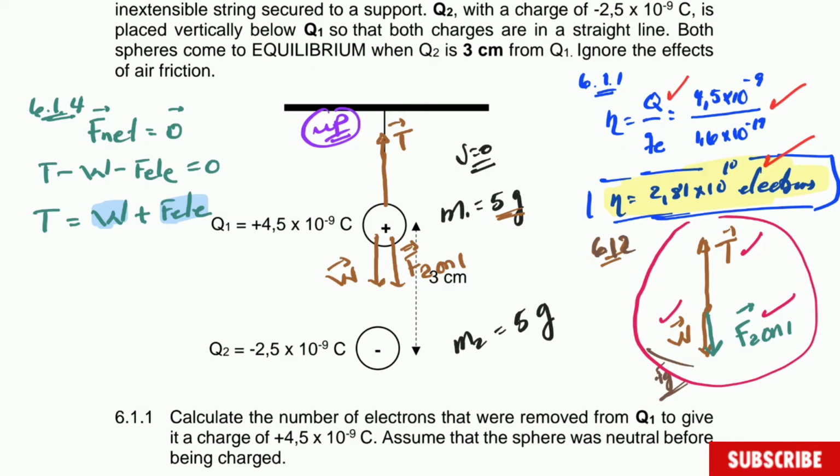Weight is mass multiplied by acceleration due to gravity, and for the electrostatic force, you have to use Coulomb's law. The electrostatic force is equal to K, the product of Q1, let's use capital symbols there, Q1 Q2 divided by the distance squared.